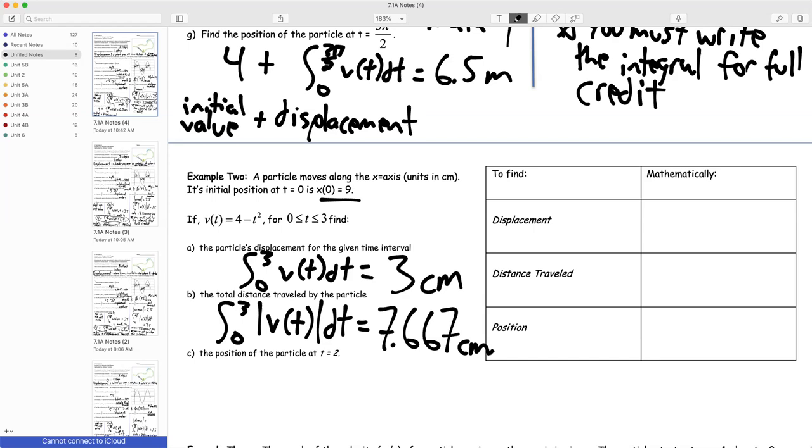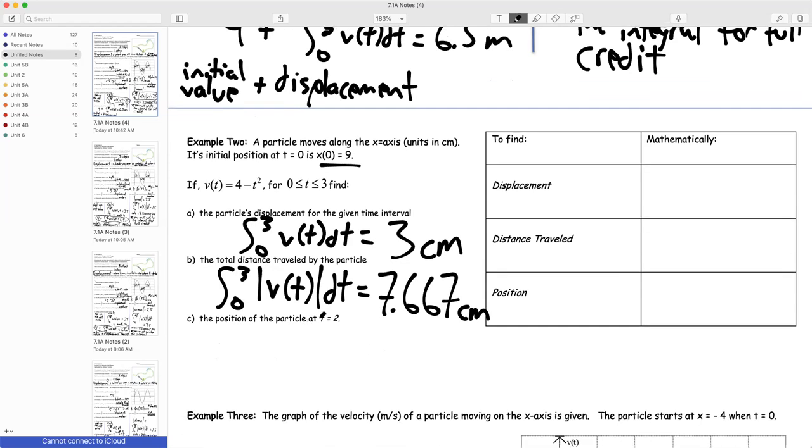All right, and finally here, the position of the particle, careful, at t is equal to 2. So position, again, it's initial value plus displacement. Initial value being 9 in this case that they gave us. And then we integrate not from 0 to 3, but from 0 to 2 of v of t dt. And so take that and plug it into your calculator.